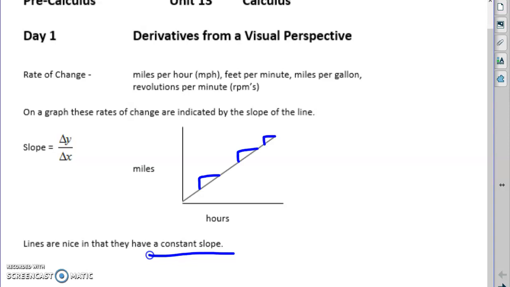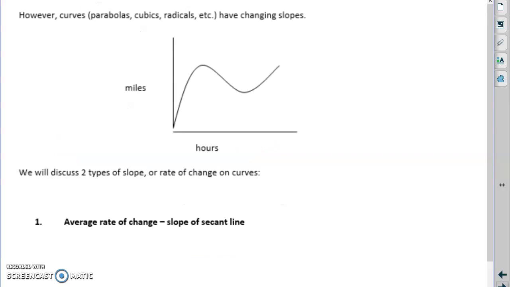All right, but not everything is linear, obviously. We've done lots of different functions. We've done quadratics, exponentials, logarithmic curves. How does a curve differ? A curve has an ever-changing slope. And how do you measure a curved slope? You can do it one of 2 ways. You can find what's called the average rate of change. That's the slope over a particular interval. So let's say from here to here.